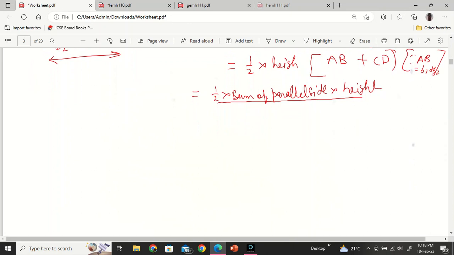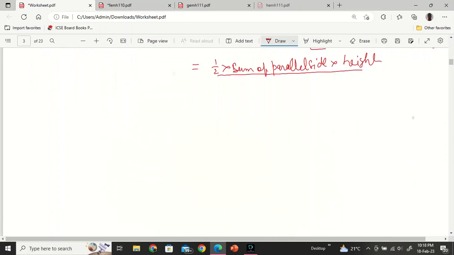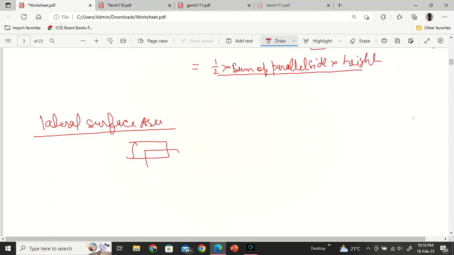So ultimately it was also in the form of base into height actually. So now we'll be studying lateral surface area, okay. Can you define what is lateral surface area? If you talk about a cuboid, the lateral surface area is the surface area of all the walls, these 4 walls.